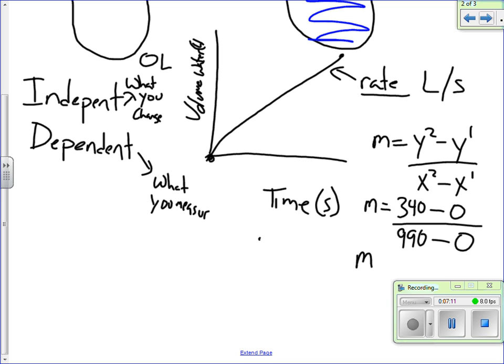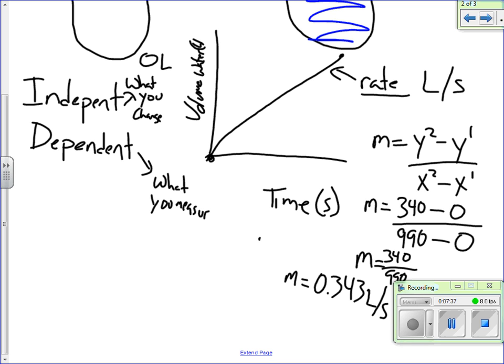And when we actually calculate that out, we get 340 divided by 990, and my slope, or my rate, is 0.343. Now, because this is a rate, my units would be liters per second.